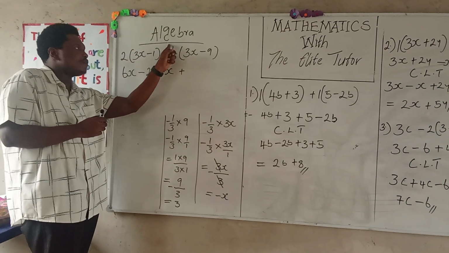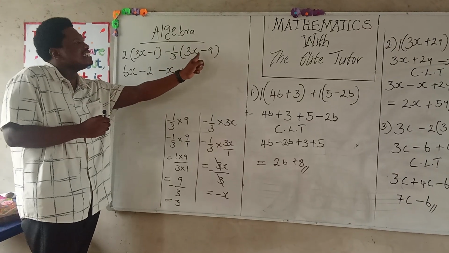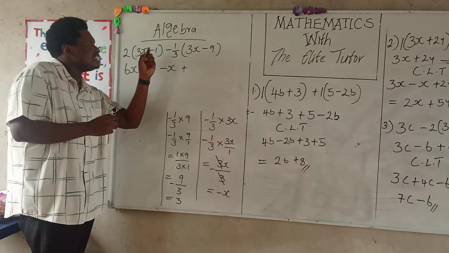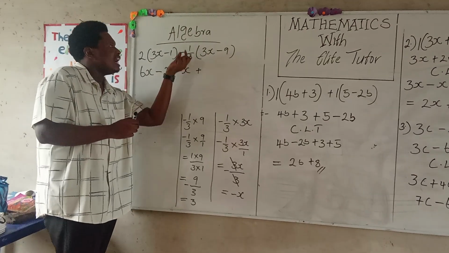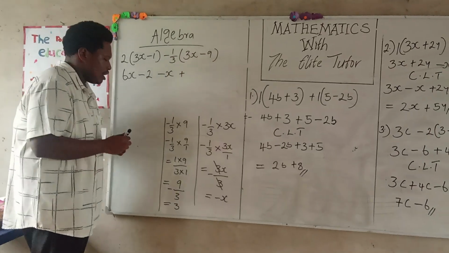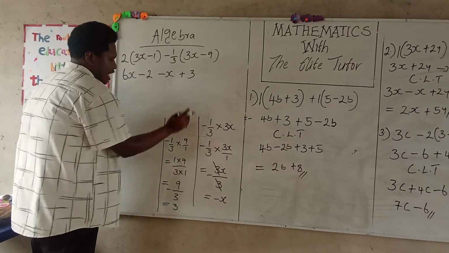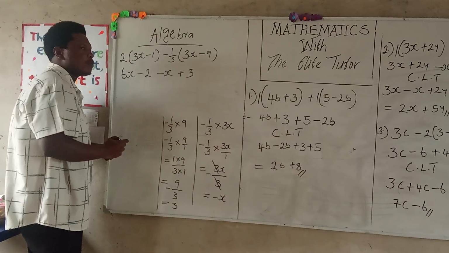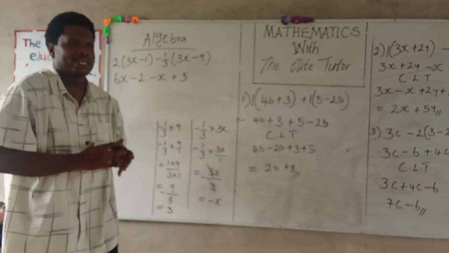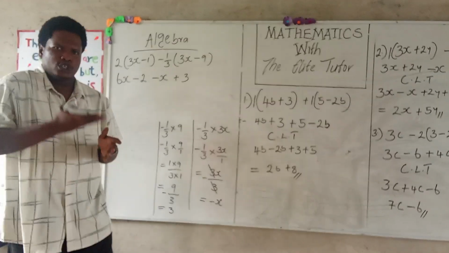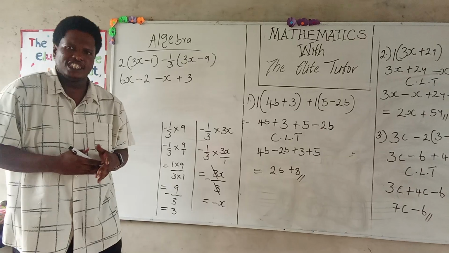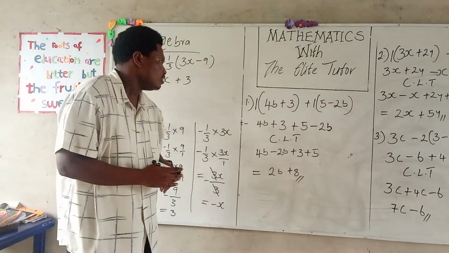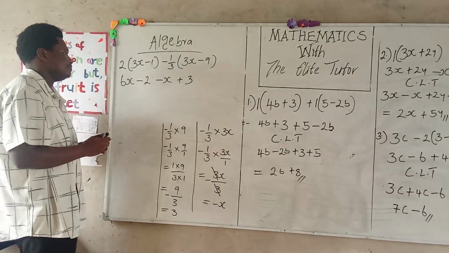This is negative 1 over 3 times negative 9. First, minus times minus will arrive at plus, and then 1 over 3 times 9 gives us 3. When we say 1 over 3 times 9, it's the same thing as 1 over 3 times 9 over 1. Numerator times numerator, denominator times denominator, so we arrive at 3.